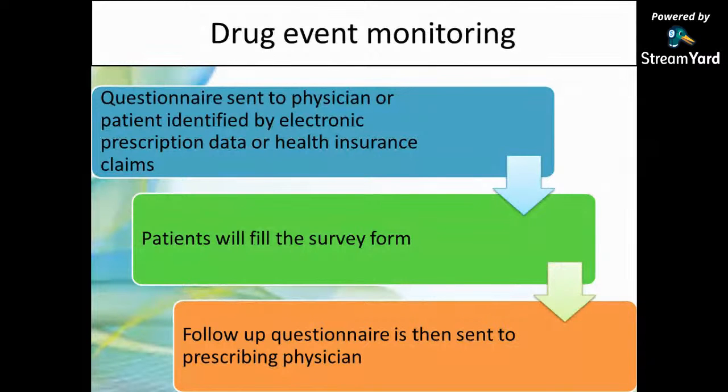Now, how can you identify that patient or the physician? You will get this information regarding the physician or the patient through electronic prescription data or through health insurance claims, through which you will get the list of patients and the list of physicians. To this targeted physician and patient, this questionnaire form needs to be sent.